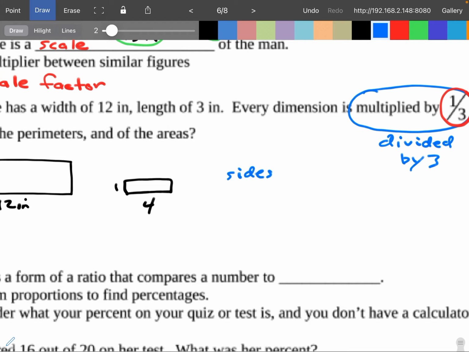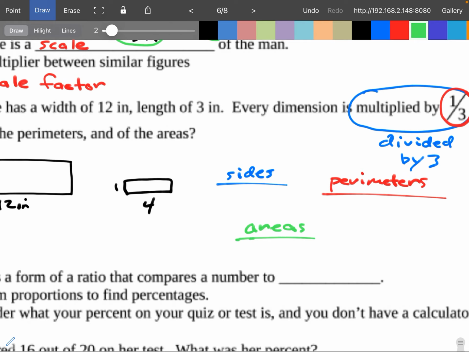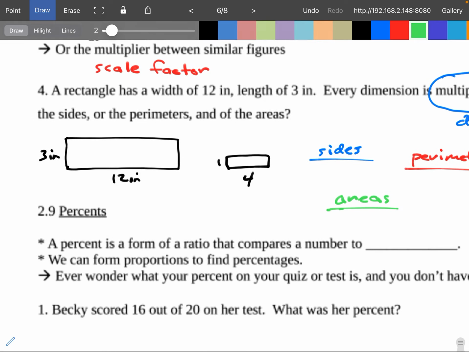So I think I can do this pretty quick for you guys. So we got to do this for the sides, right? Well, the perimeter's 10, right? Yep. So we got to do this for the sides. And we got to do this for the perimeters. And we've got to do this for the areas.